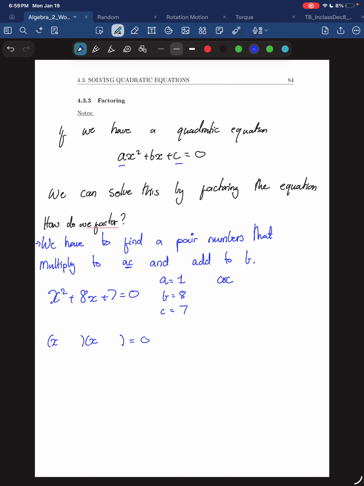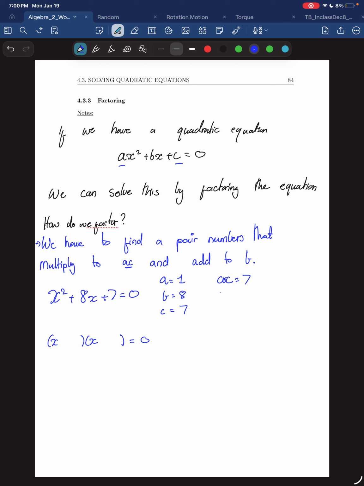So we have to find two numbers that multiply to 7 and add to 8. This is very easy for us in this question because it's a particularly easy question.